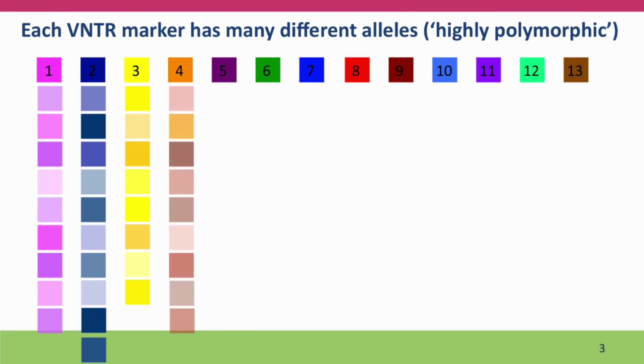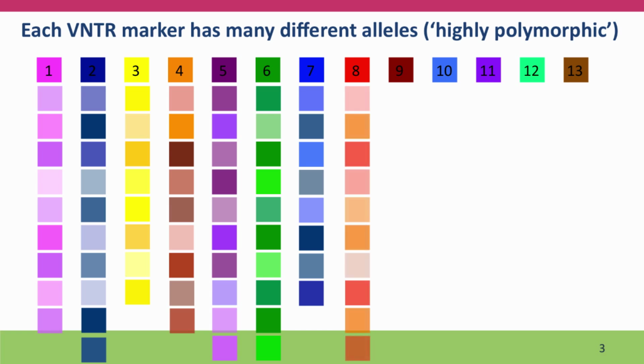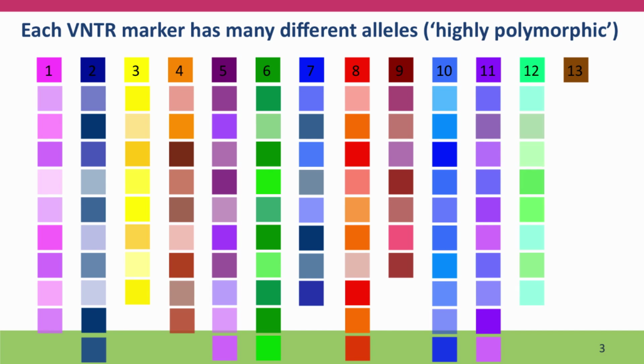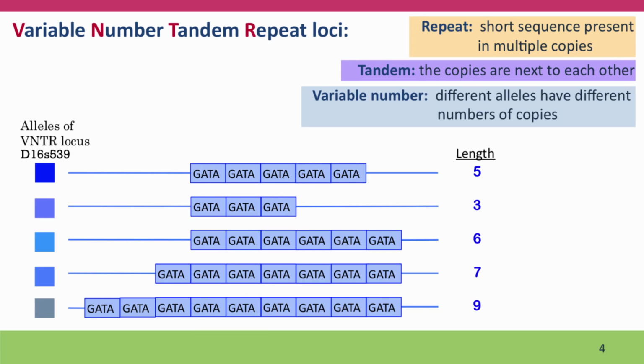So, as we said, each VNTR marker, each place in the genome that's a VNTR marker, has many different alleles. They're highly polymorphic. And this situation exists because of the nature of VNTR loci. VNTR stands for variable number tandem repeat loci.